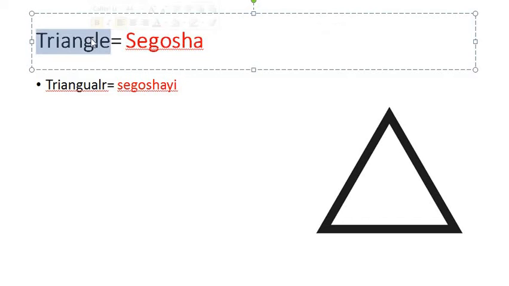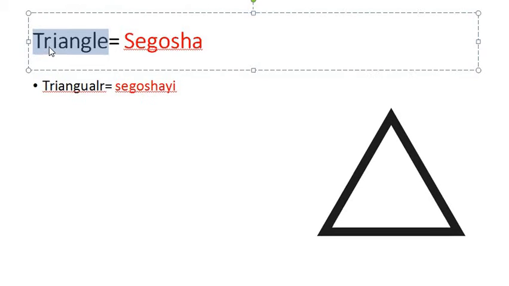Tri is from Greek and Latin, and angle is also from Latin, I think triangulum. So it's the same meaning in Latin. Triangle, three angles. Segosha, three angles. It's the same thing.